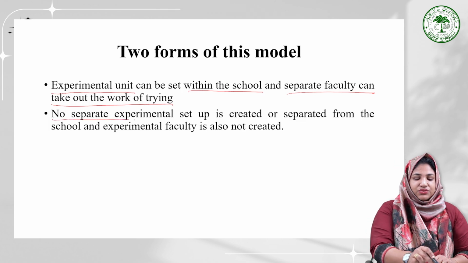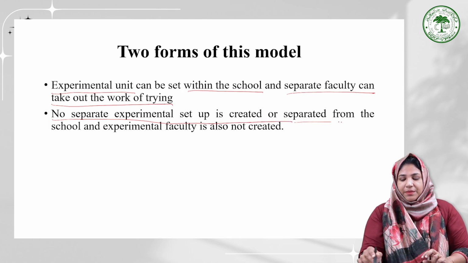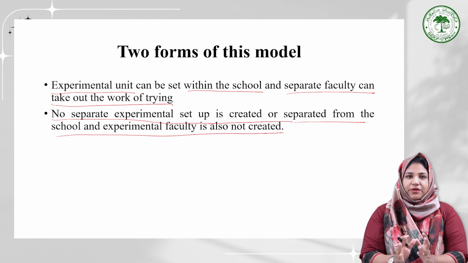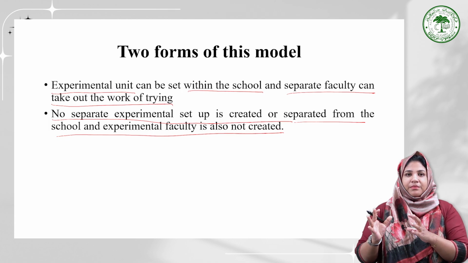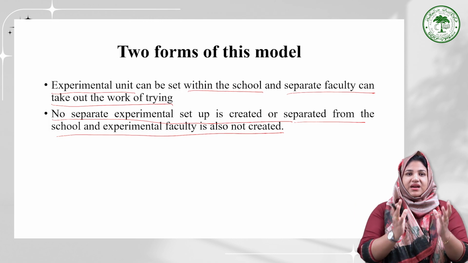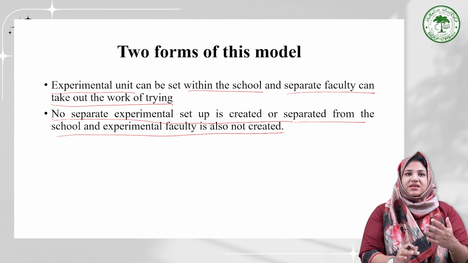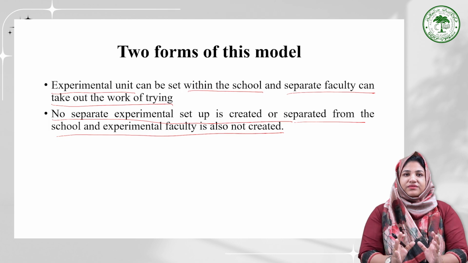The second one is where no separate setup is created. We are not creating any particular setup separate from the school, and an experimental faculty is also not created. That means we are not making any separate faculty members or any separate cluster of schools. In general, we are applying it to all the teachers of the schools, without any particular group of students or teachers.